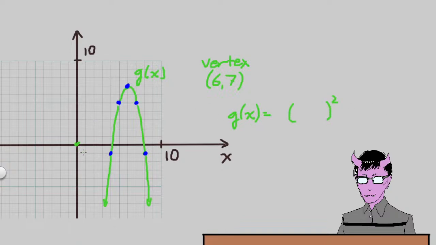The easiest thing to identify is the plus 7 movement upwards. So plus 7. But what is happening inside there? Well, in order to produce 0, you need to subtract from 6, so it has to be minus 6. If you put 6 here, you have to get a 0 to get the intercept. So 6 minus 6 gives us 0.